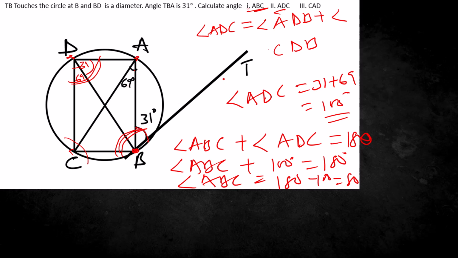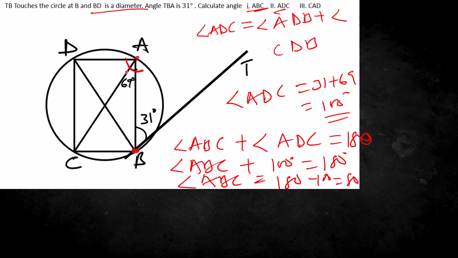Now let's talk about CAD. CAD is this side. But we know this side, so let's find this side. Now don't forget that BD is a diameter. If BD is a diameter, it means the angle that subtends the circumference here is 90 degrees.